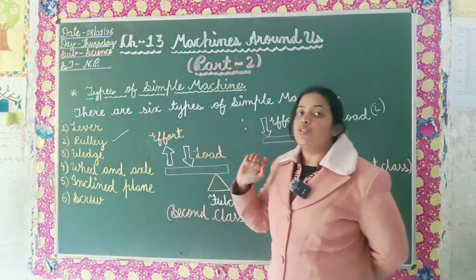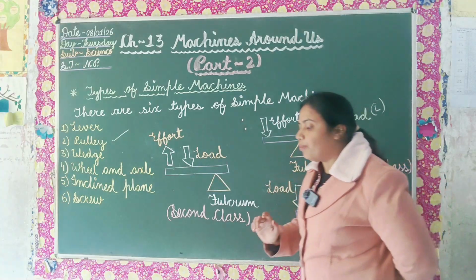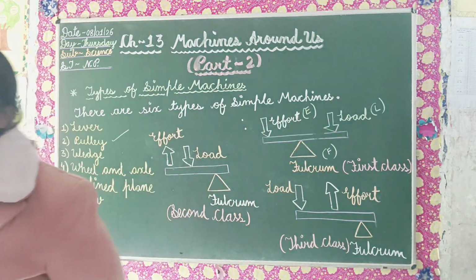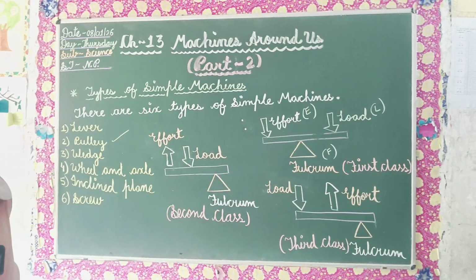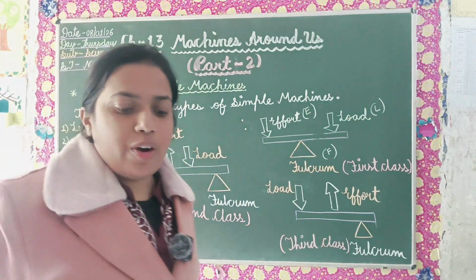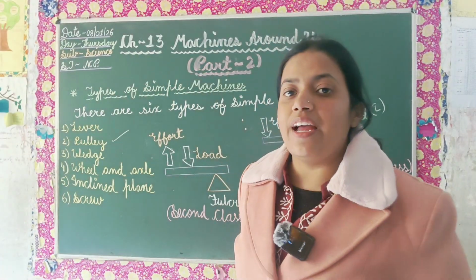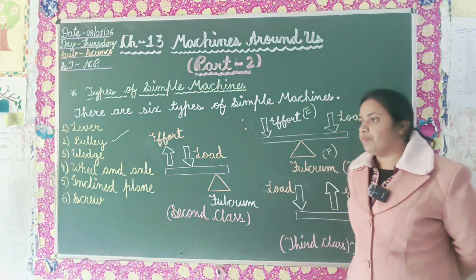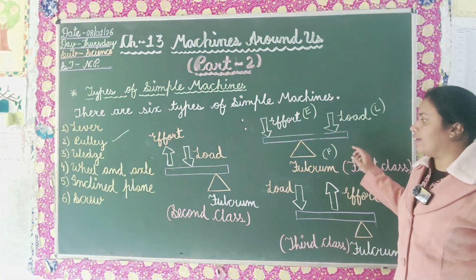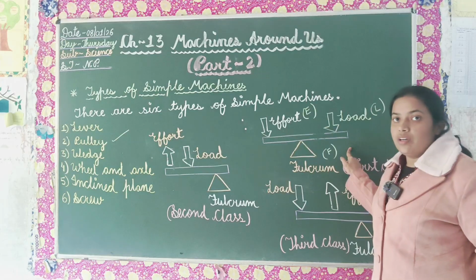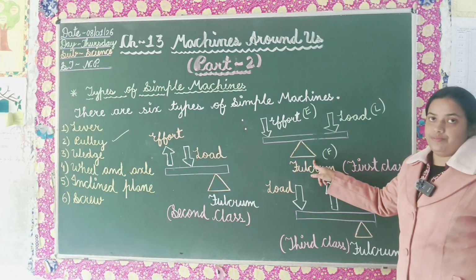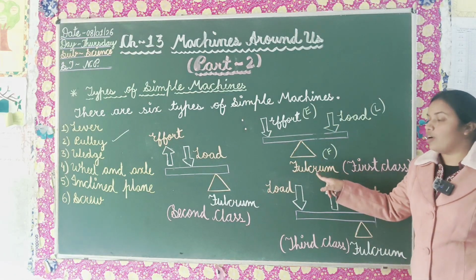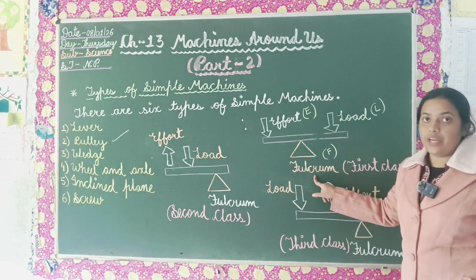So what is a lever? Let me tell you, a lever is a straight rod that rests at a fixed point. Students, look at this diagram. The fixed point on a lever is called the fulcrum.